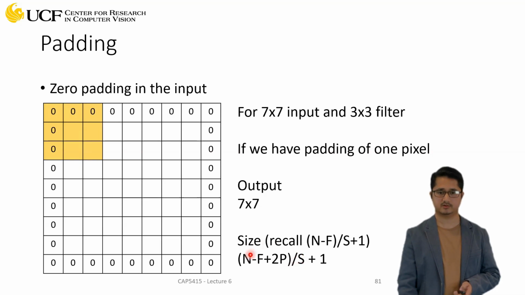In this case, n is the size of the input activation map, f is the size of the filter, p corresponds to padding, how many values you are going to add, and s is the stride.